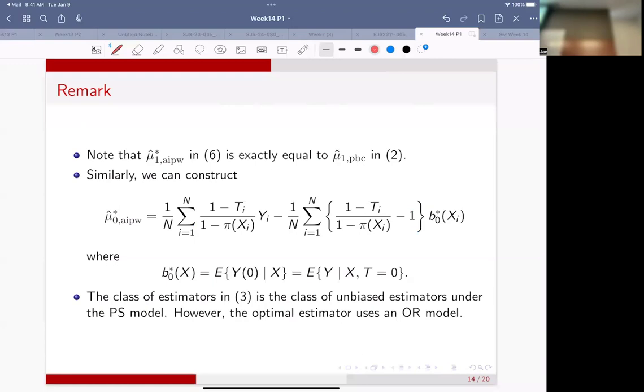We start with the IPW estimator and then try to improve its efficiency by incorporating the augmentation term, and then choose the optimal augmentation term. So the first motivation starts with the prediction estimator and then uses the PS model to obtain the doubly robust estimator. The second starts with the IPW estimator and then uses an outcome regression model to obtain the doubly robust estimator.